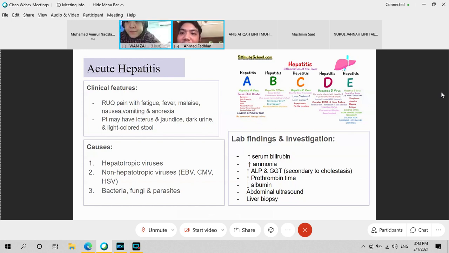The patient may have icterus and jaundice, dark urine, and light-colored stool. For the lab findings and investigation, there will be increase in serum bilirubin, increase in ammonia, increase in ALP and GGT, increase in prothrombin time, decrease in albumin, and other investigations are abdominal ultrasound and liver biopsy.